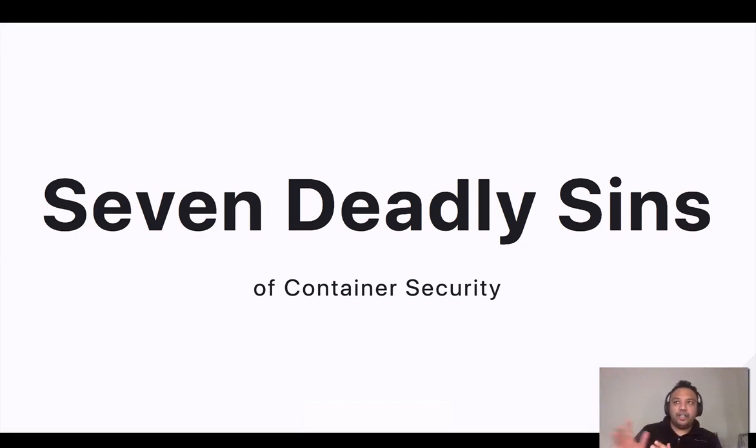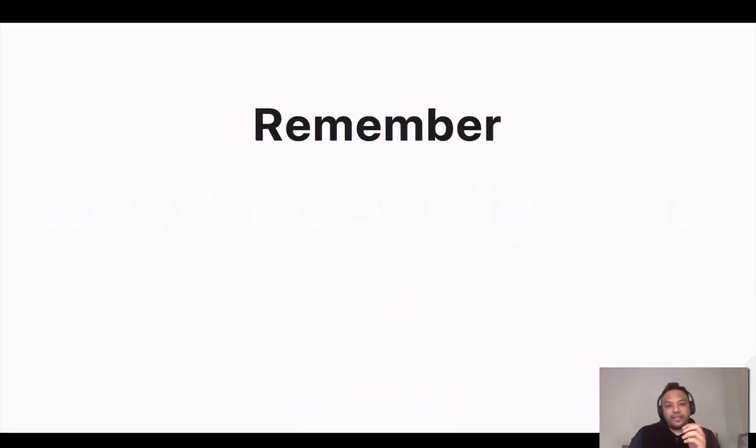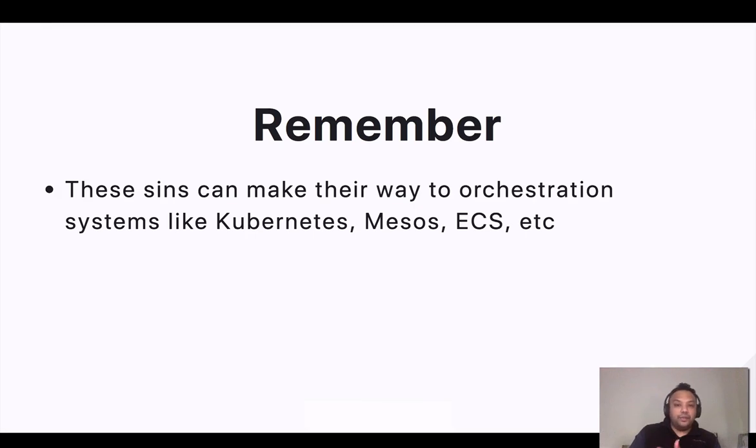Right, so this is a video where I'm going to be talking about a few critical security mistakes and defense possibilities with container security. So before we get started, just remember this, right? Whatever we are talking about is not necessarily only when you're running containers on a test machine or on a developer machine with the Docker CLI. This also applies to orchestration systems.